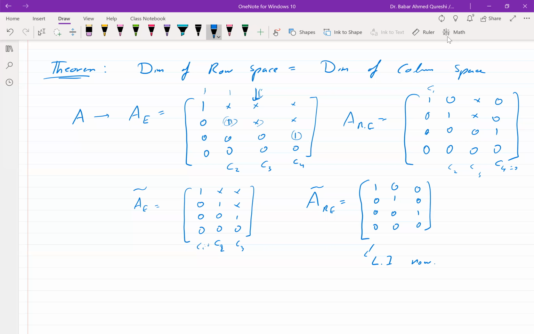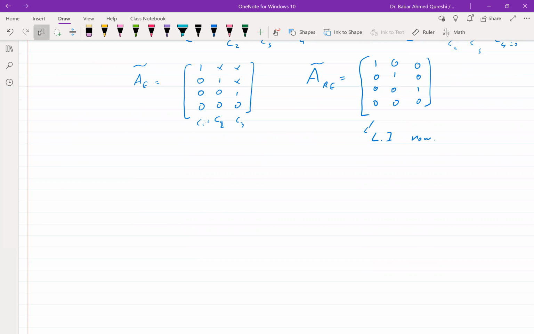So when you go to the echelon form or reduced echelon form, the non-zero rows are automatically linearly independent, but not the columns. Columns are not automatically linearly independent in general, but if you delete those columns which do not have a leading one, then you end up with linearly independent columns.